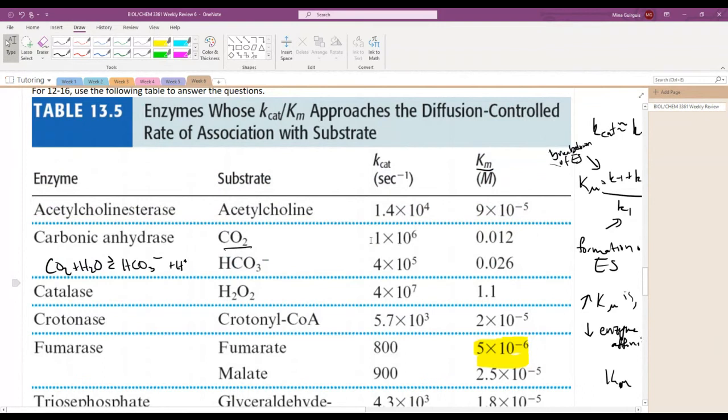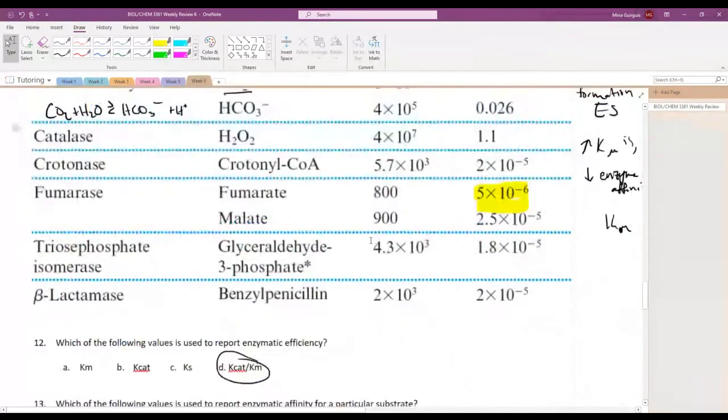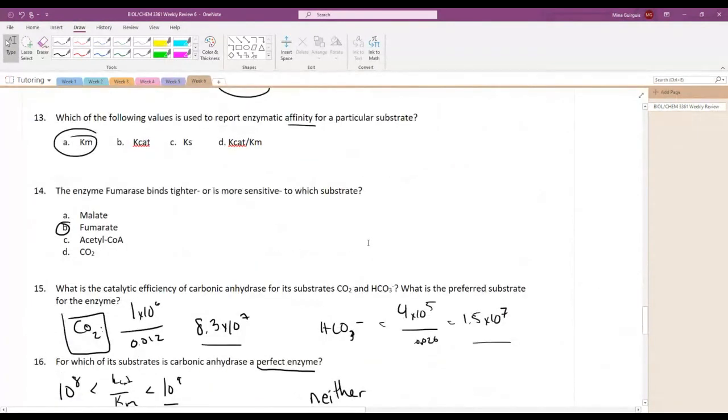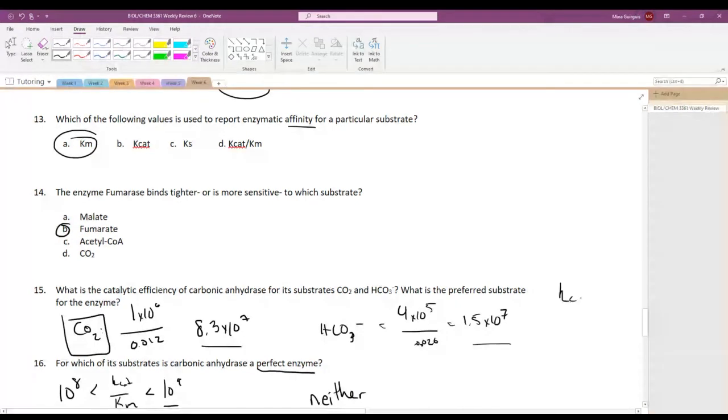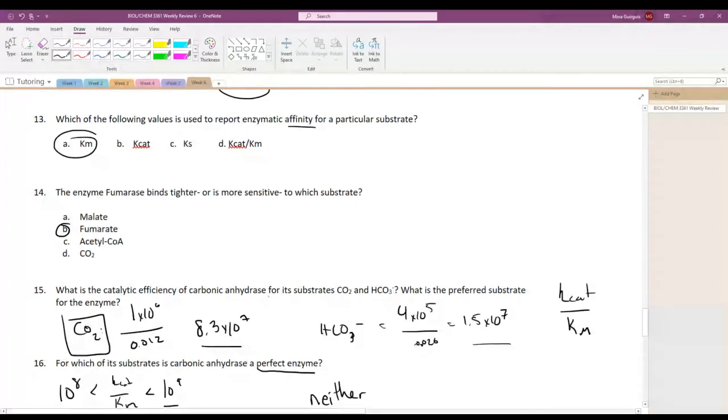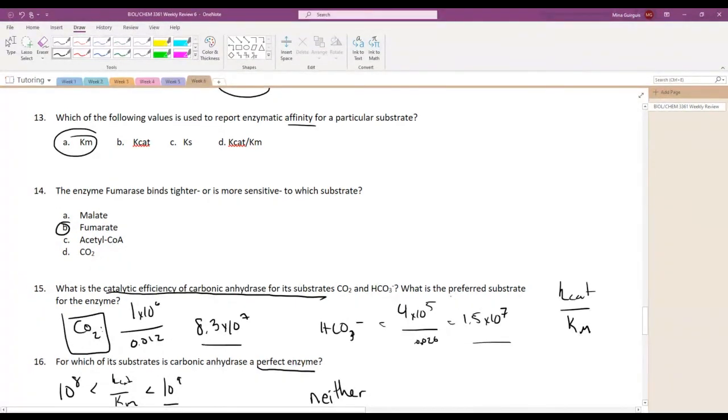Okay, it's going to have a higher catalytic efficiency just from that. But in order to find the actual numbers, I'm sorry, I probably should have included the formula here. We use kcat over Km to find the catalytic efficiency of the enzyme for each substrate. The preferred substrate is going to have the greater kcat over Km. Okay?